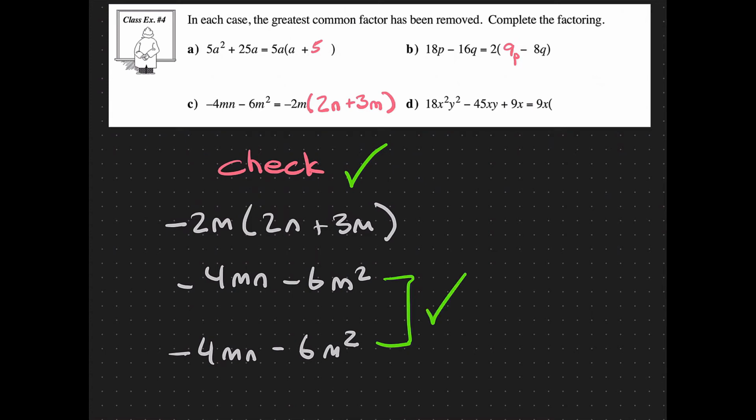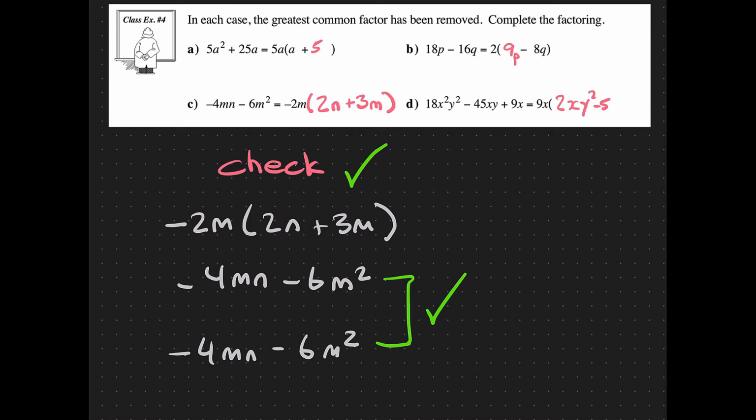Okay, and the final one, it says that we have pulled out a 9x. So if I divide the 18 by 9, I get 2. I divide the x squared by the 1x, which is going to leave me with 1x, and I still have the y squared in there. I take the negative 45, divide that by 9, I got negative 5.